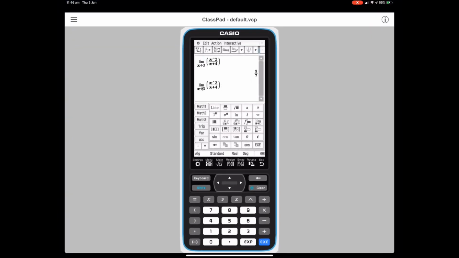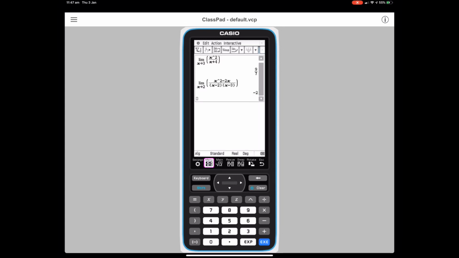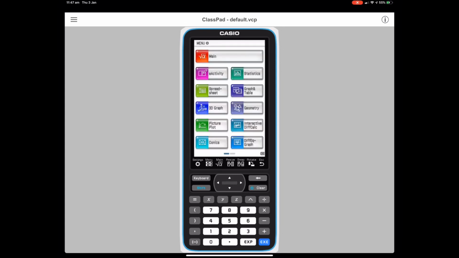Actually, let's do it first. x squared minus 2x, x minus 2, x minus 3. So my limit is negative 2, but you would think that it would be undefined, because when you put 2 into there, it's 0. Okay, go back and grab that graph.